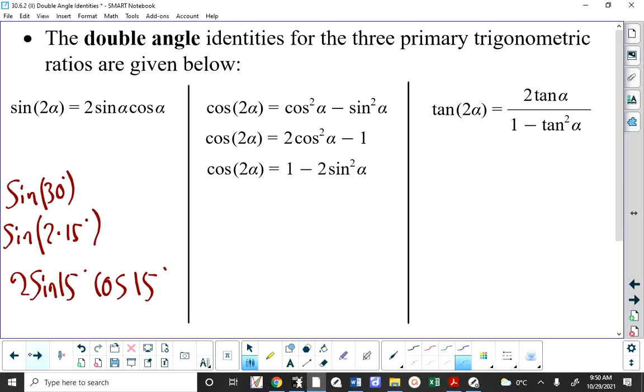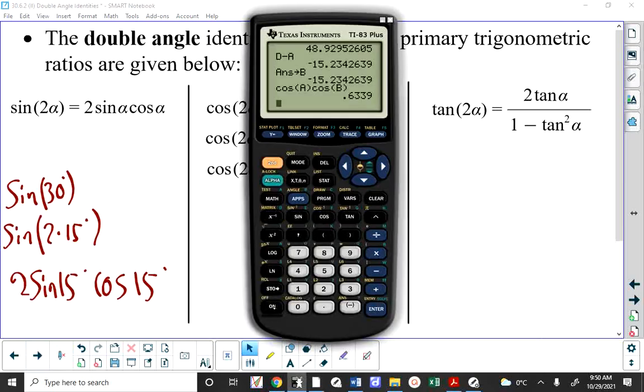So just to verify this with you, I think I'm still in degree mode. I am. If I take the sine of 30 degrees, I know it's 0.5. But if I take the sine of 15, it would be some weird decimal. Same with cos of 15.